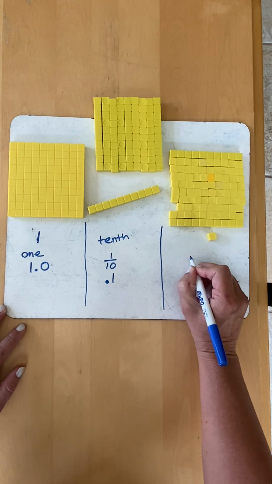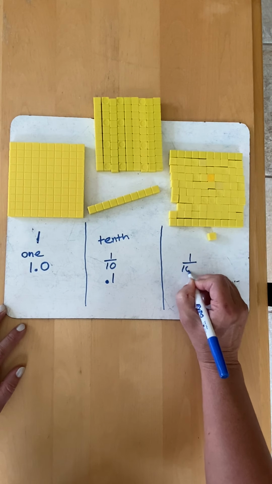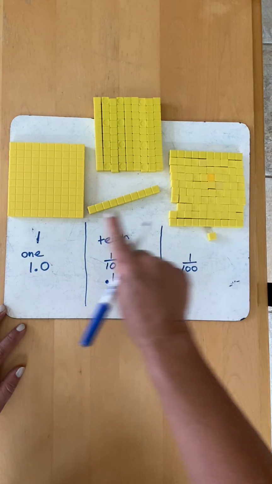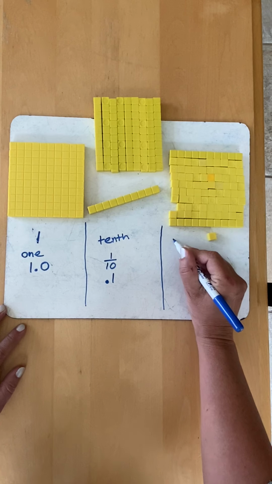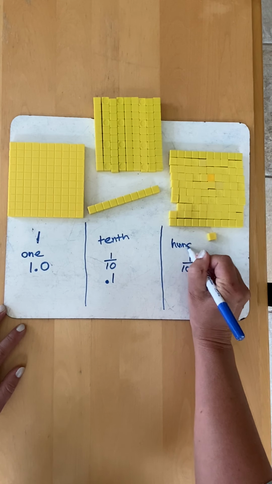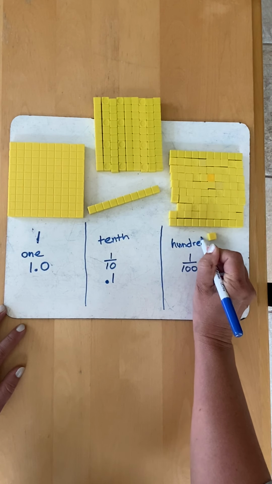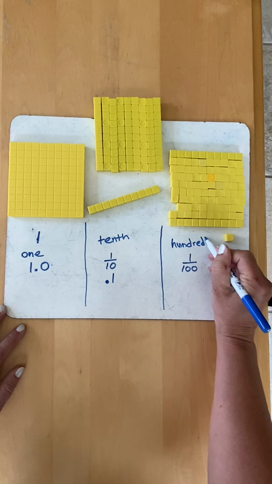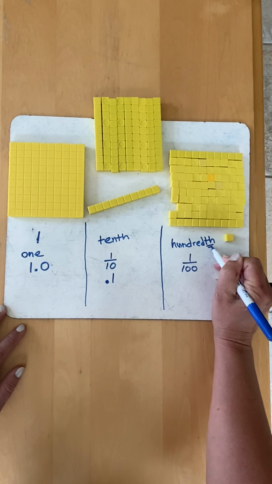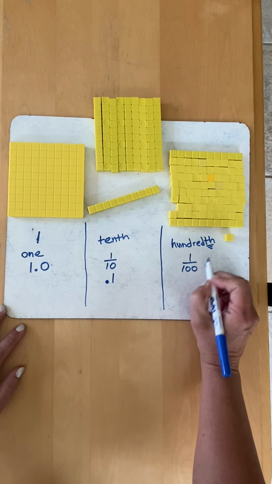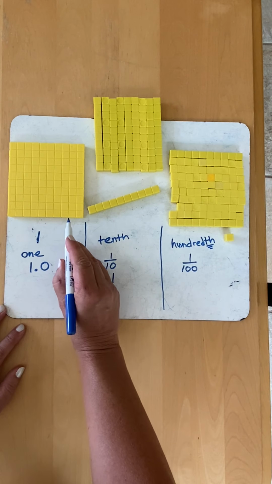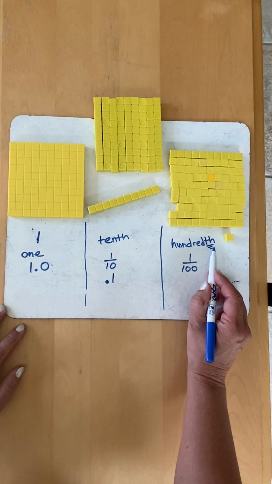So this is 1 out of 100 that it takes to make this whole over here. And we call that in word form a hundredth. That's where this TH is super important, because that's 1 out of the 100 it takes to make this whole over here. So we call it a hundredth.